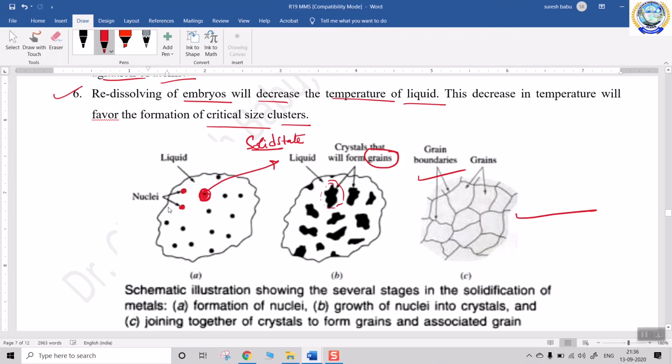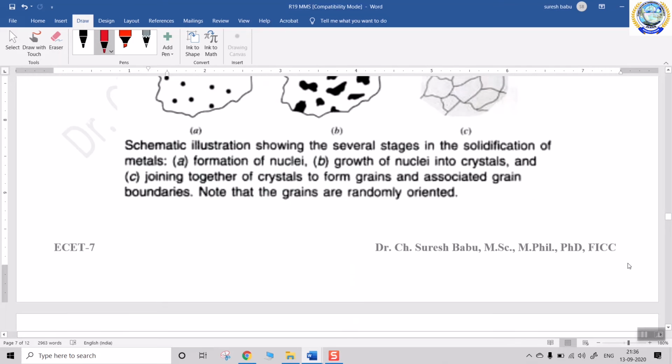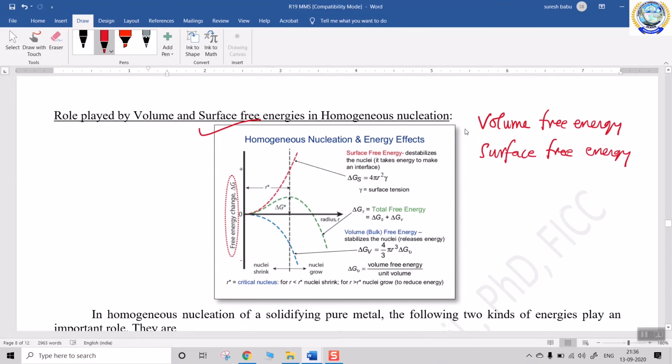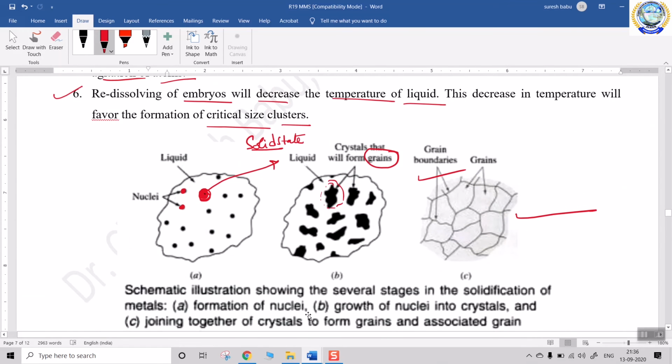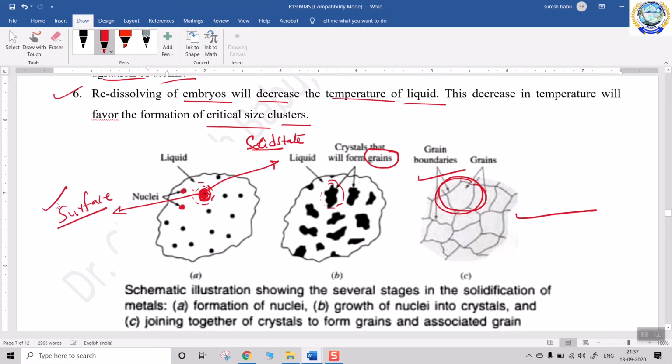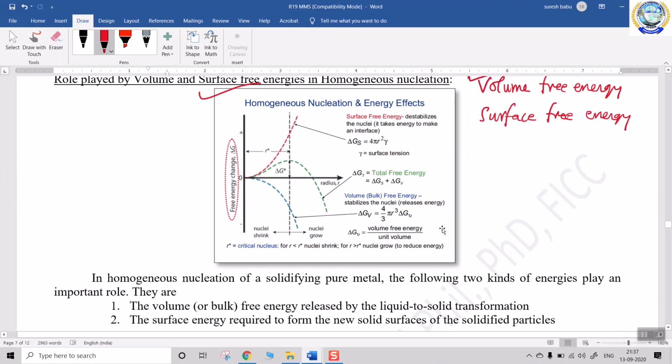So the energy of the system which is utilized to form this solid state is called volume free energy. And what happens afterwards? These nuclei will increase their size and finally they will form grain. That means the surface of these nuclei will increase. For that purpose also it needs some energy. That energy is called surface free energy. Is that clear? You just remember the graph shown here.